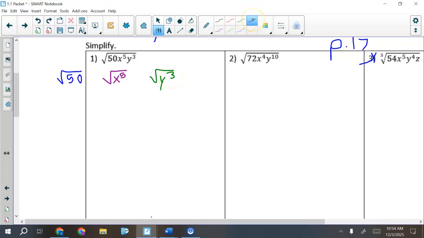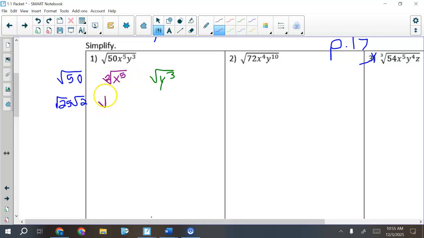So how we do the square root of numbers, think of all those perfect squares we have. Square root of 50, we could break that up into 25 and 2. So 25 times 2 gets us to 50. For x to the fifth, because this is a 2 out here, we want even powers.